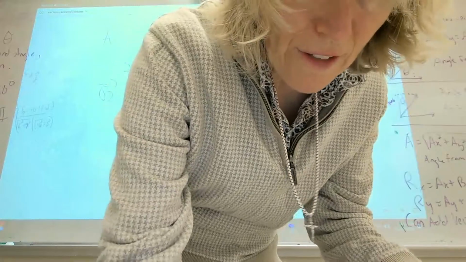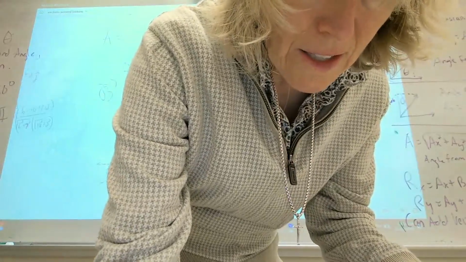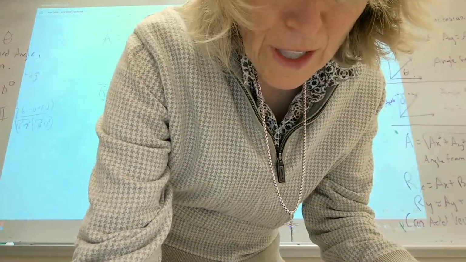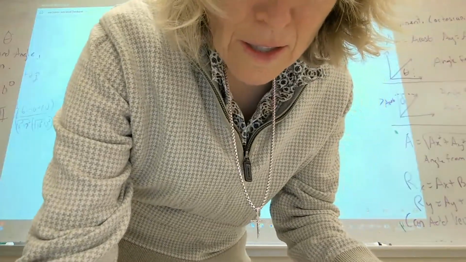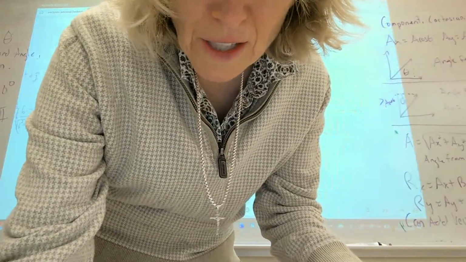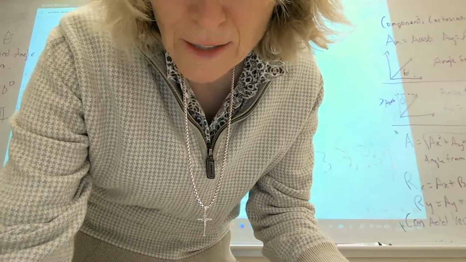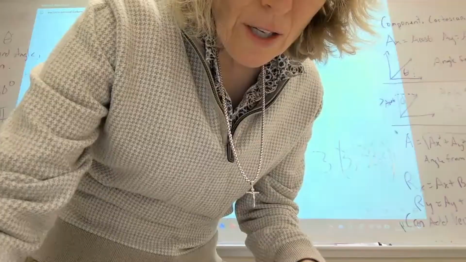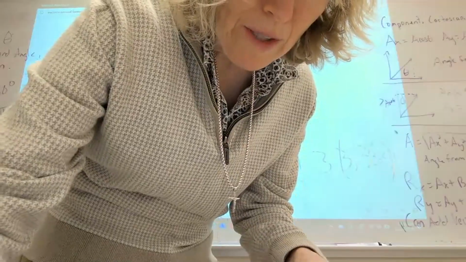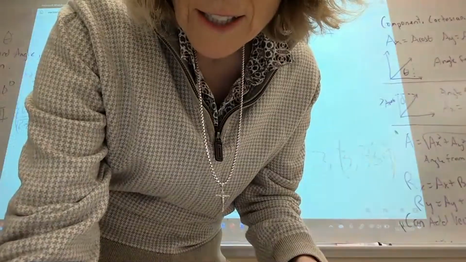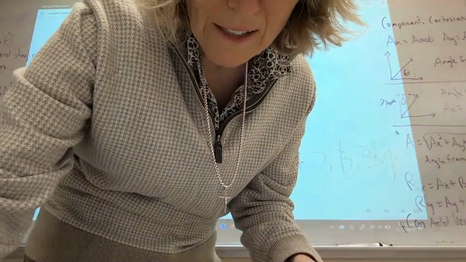Okay, so we have 3A is going to be 3 times 1.23 i plus 3 times 3.38 j. You can either multiply B by 4 or by negative 4. If we multiply it by 4, we're subtracting. If we multiply it by negative 4, we're adding.